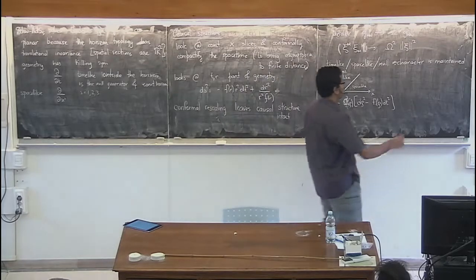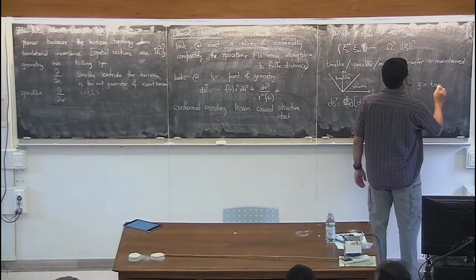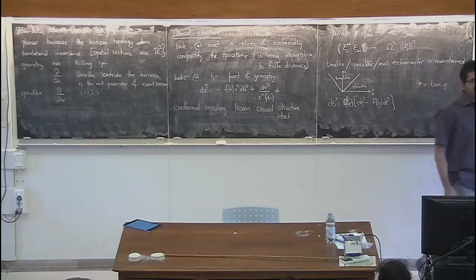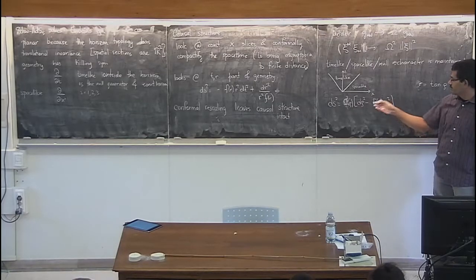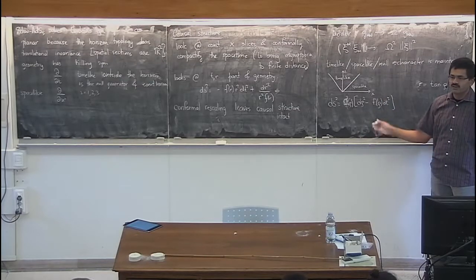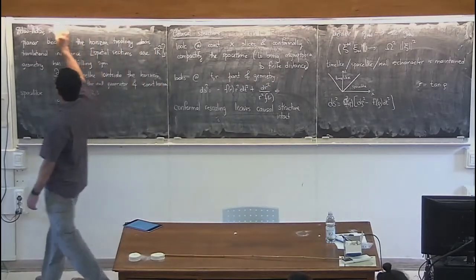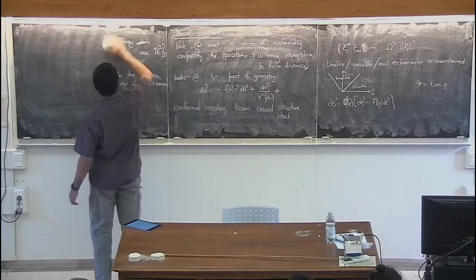So some function like r equals tan rho will do the job, roughly speaking, because when rho hits pi over 2, r gets to infinity. So by playing around with functions of this kind, you can bring the metric to a form that you can recognize quite simply. So if you do this exercise, you find the following.